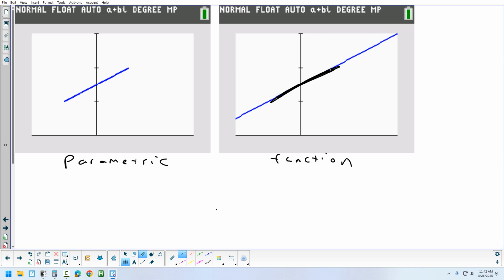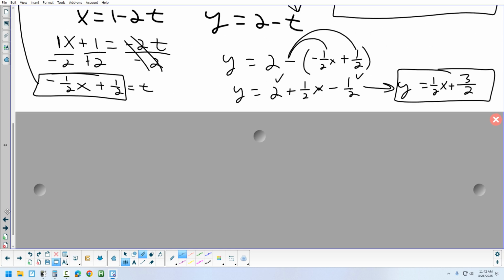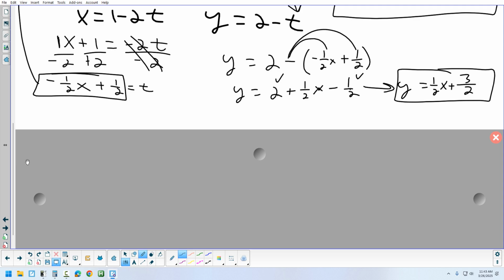You're not supposed to be drawing the whole thing. So when you write it as a function, part of the answer is to give me this equation. The other part of this answer is to tell me where x starts and stops. So you need to tell me, start here, stop here.